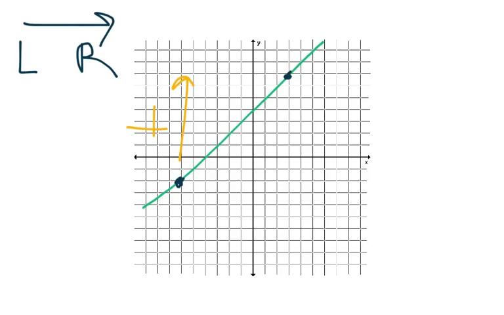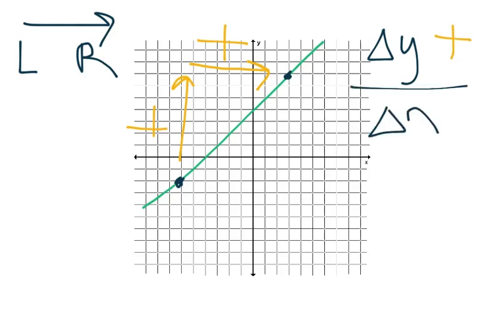And then if I have to go to the right to meet my other point, that's also in a positive direction. I'm going in the direction of positive values. So the change in y is positive, and the change in x is also positive, which is going to give you that positive slope.